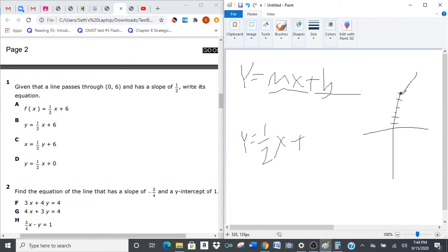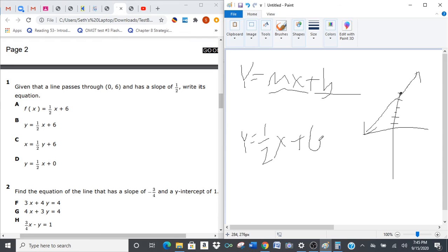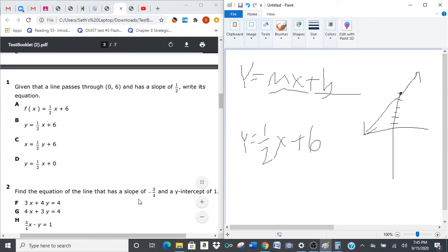The answer is yes, because this is the y-axis right here, and it crosses it at (0, 6). So your y-intercept is 6. Therefore, your equation is y equals 1/2 x plus 6. Do you see that on there? Yes, it's right there. So that's a fairly easy one.